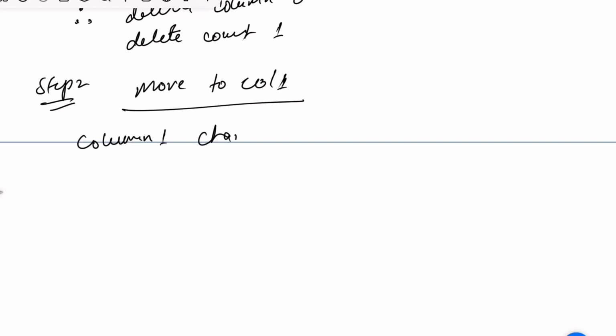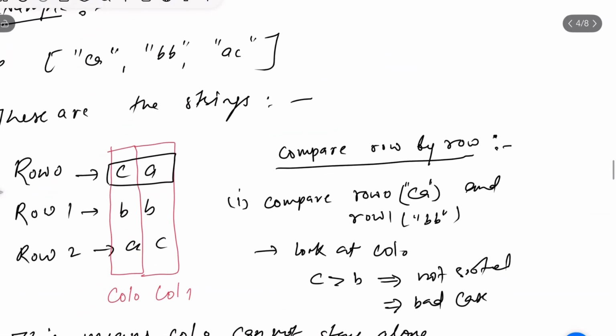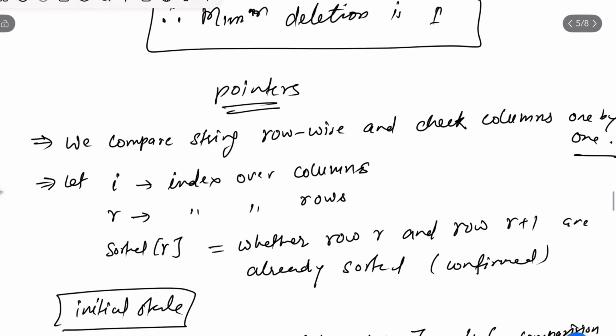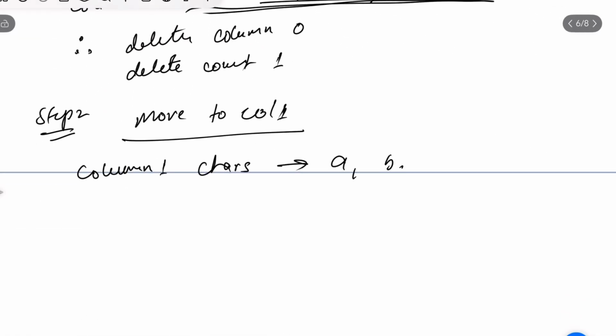Let's check: A, B, C. If we compare these characters, A and B, B and C, we know that these are sorted.